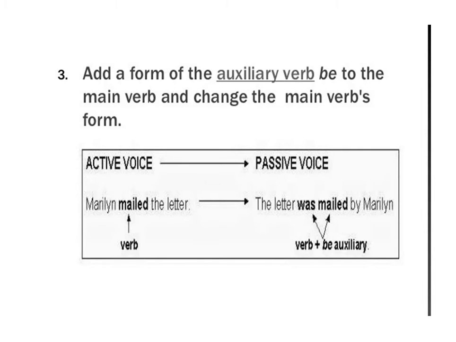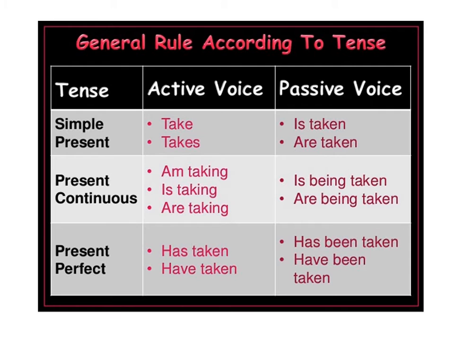If the tense of the main verb is future, then we add the auxiliary verb before the main verb in the future. So this is the general rule we need to follow in passive transformation. Now let's see how the tense changes in the passive transformation.